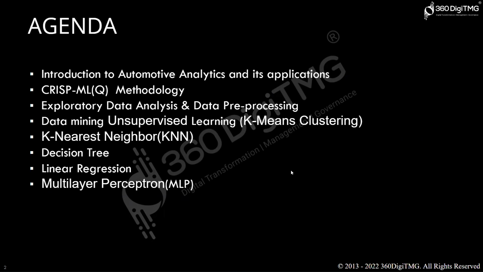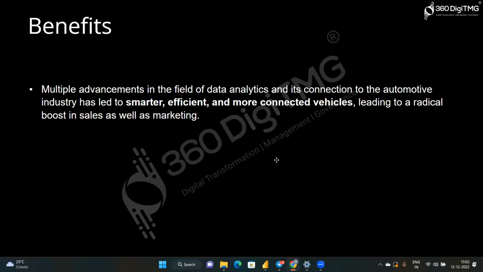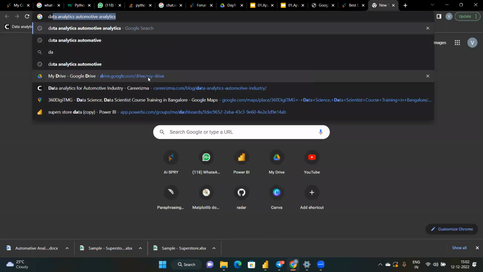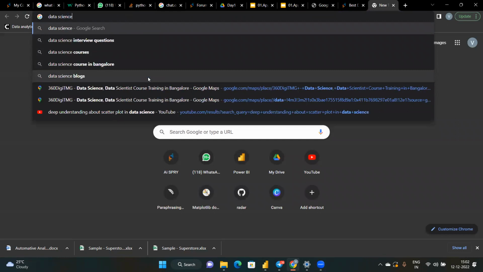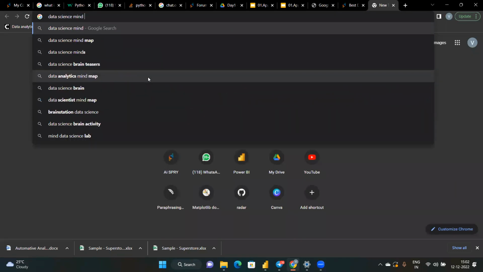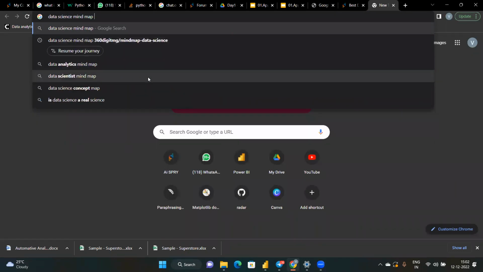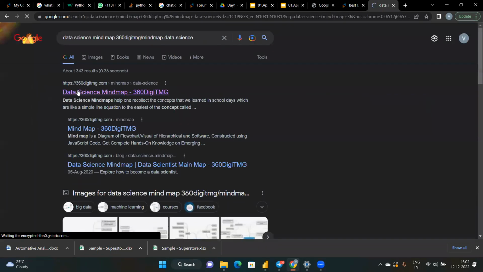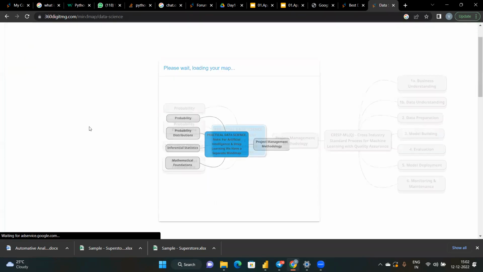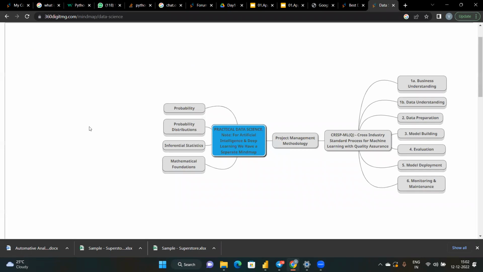Let me show you how to go to that. You can always go to the browser and type data science mind map 360DigiTMG. When you click on that, not only data science, you'll have different types of mind maps also, like ethical hacking, which you may be very interested in.